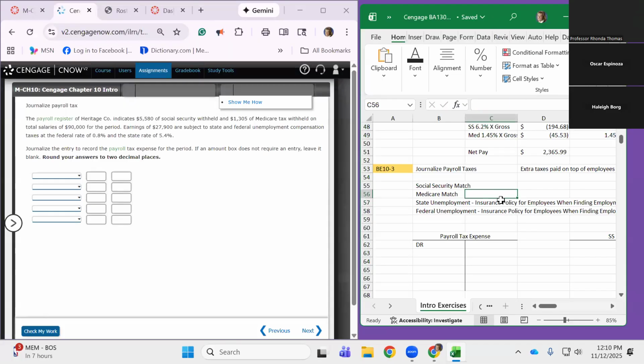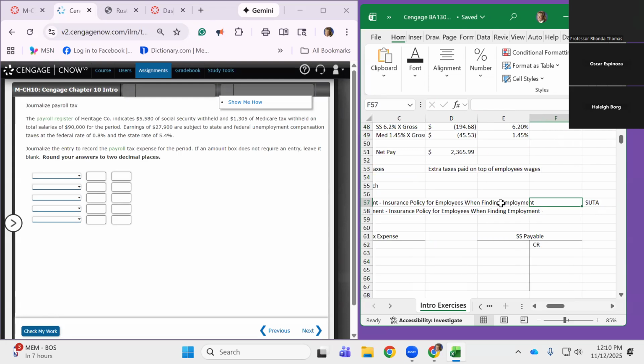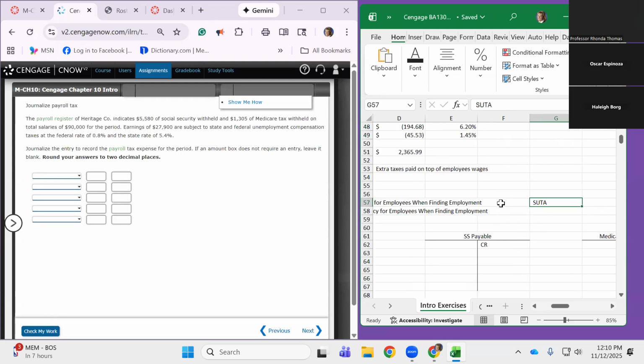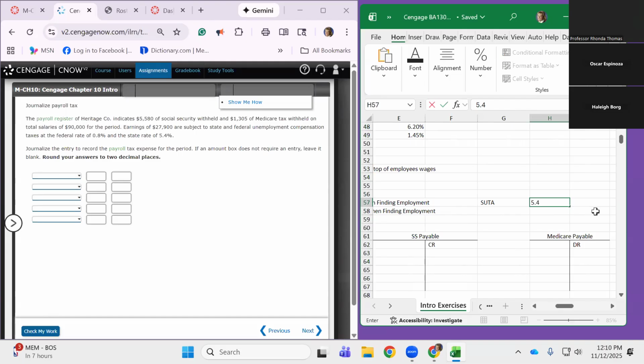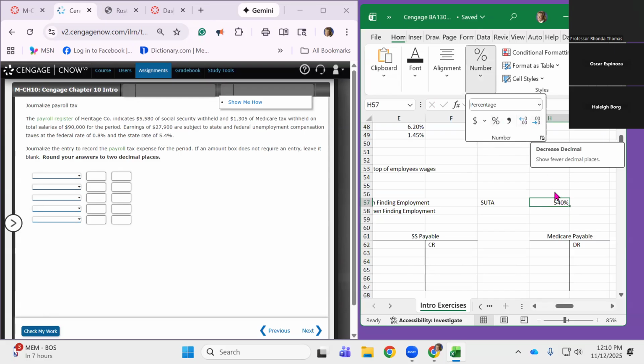Okay, so I want to put those percentages down. So SUTA is 5.4%. And that's, once again, a tax that the employer pays. And they pay it on a certain amount of income. 5.4.